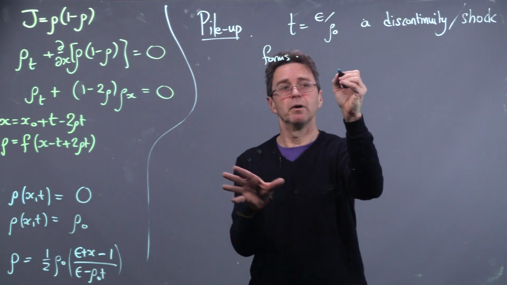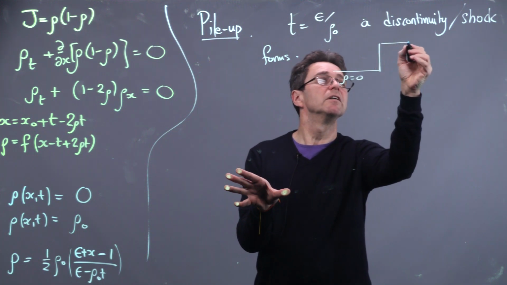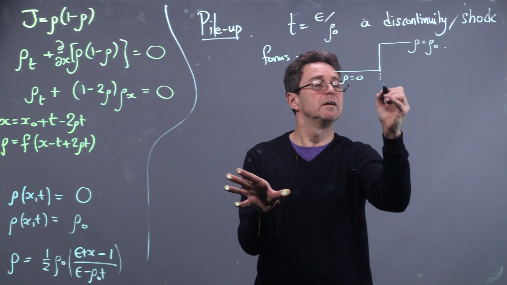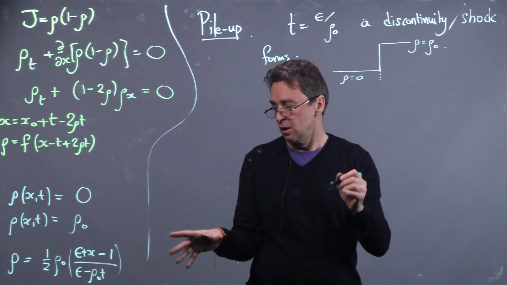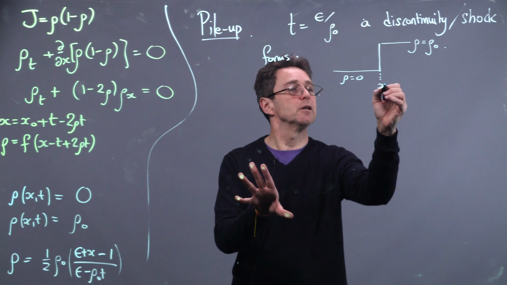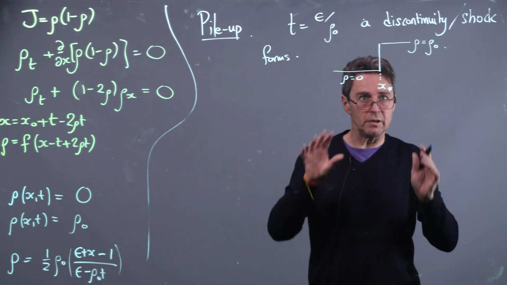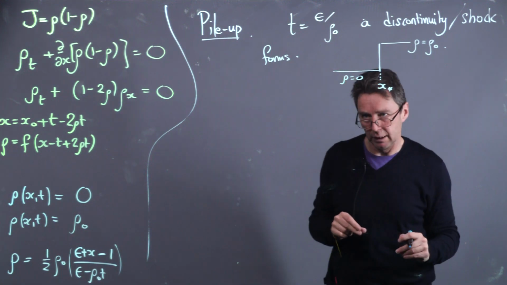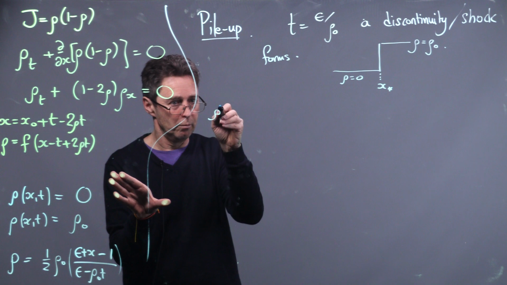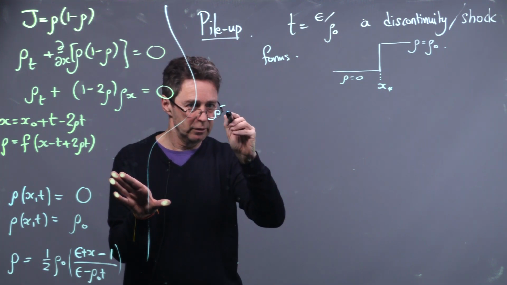And if I think about the picture that I drew, I have rho is equal to 0. There was a step up to rho is rho naught at this original position. Well, I have to figure out what that was. So that's going to be x star, at a particular moment here. We have rho minus, that's the value on the left, is equal to 0.